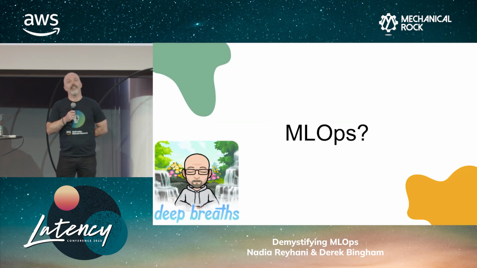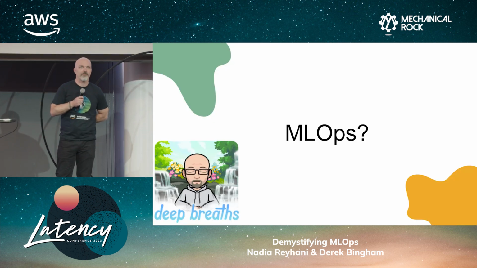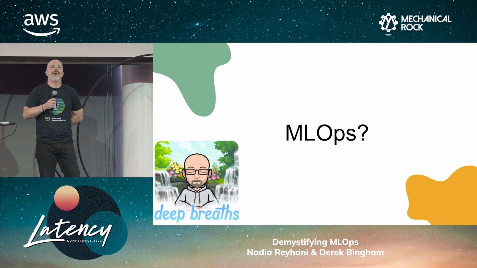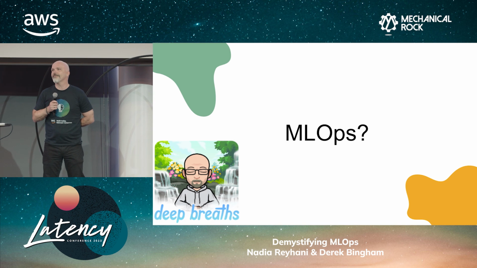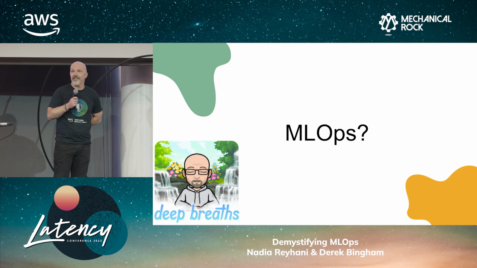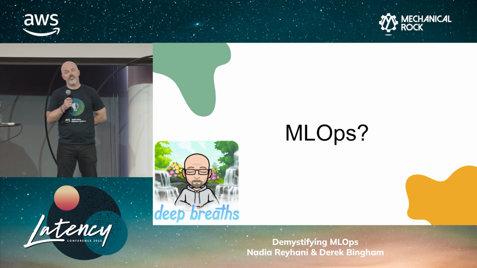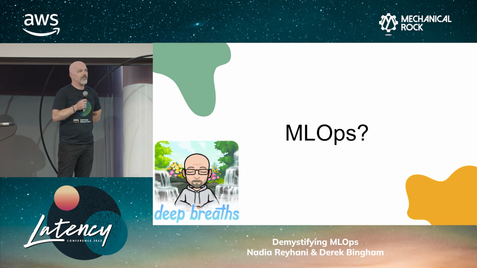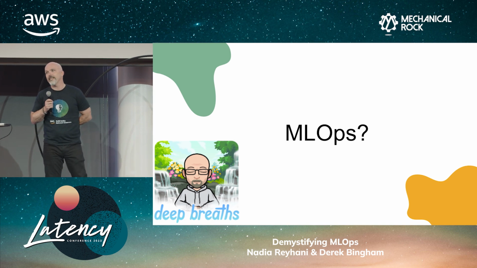So let's start with a level set. MLOps. As you can see in this Bitmoji, I am calm, I am centered, because I've automated everything. And much like its cousin DevOps, MLOps is all about automating everything.